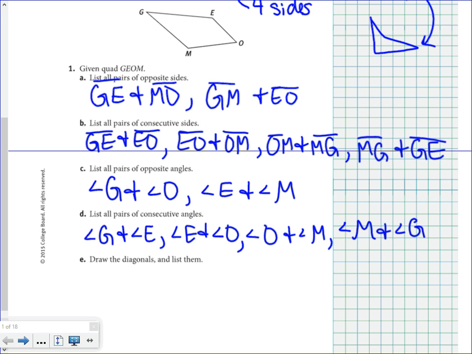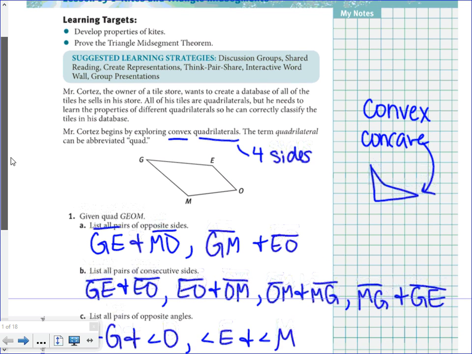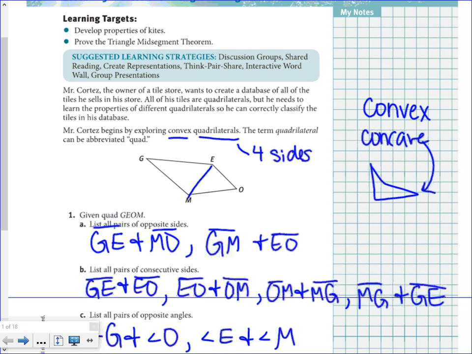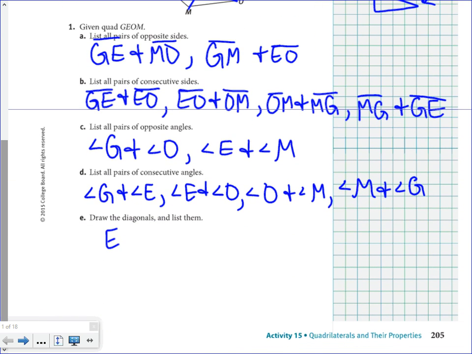Then the last part is to draw your diagonals and then list them. So when you draw a diagonal, that is connecting non-consecutive angles, non-adjacent angles. And so we have 2 diagonals, and they are EM and GO.